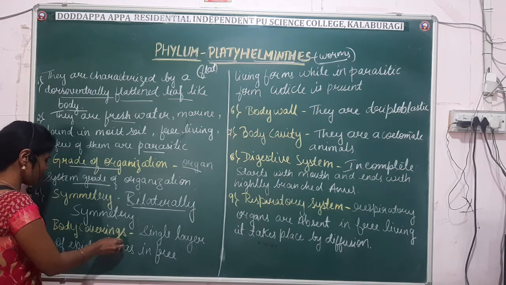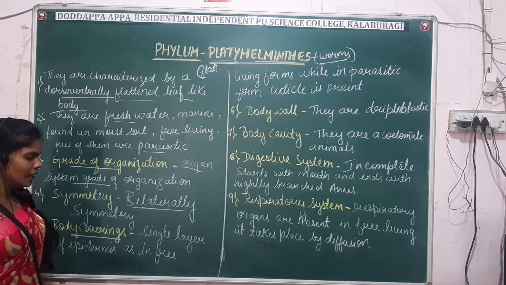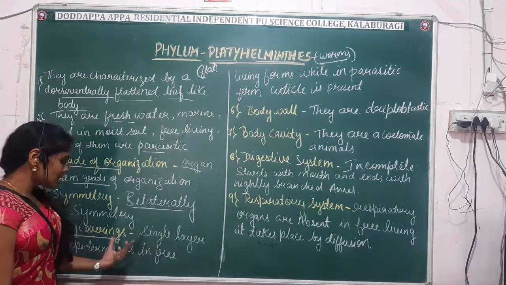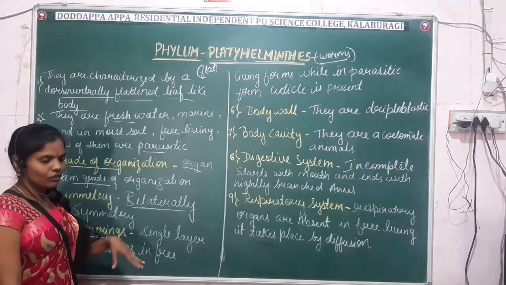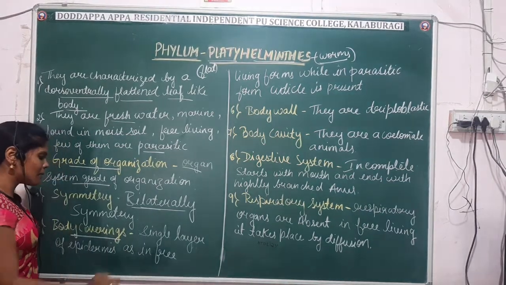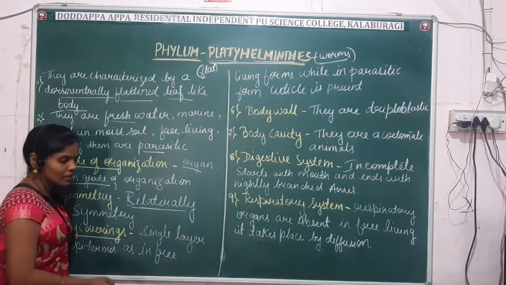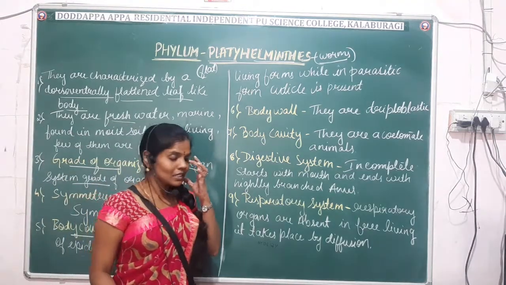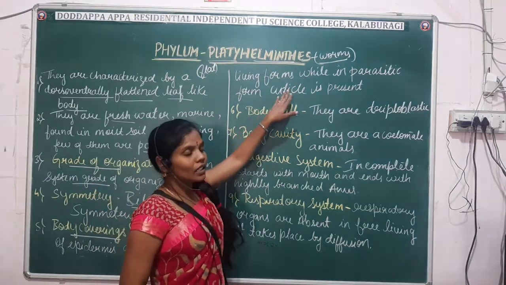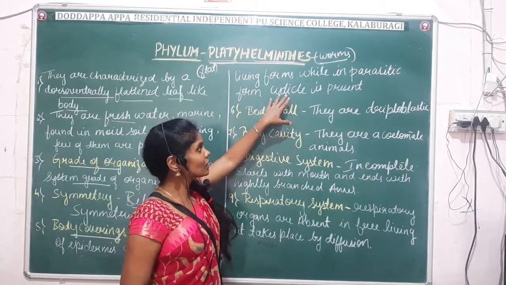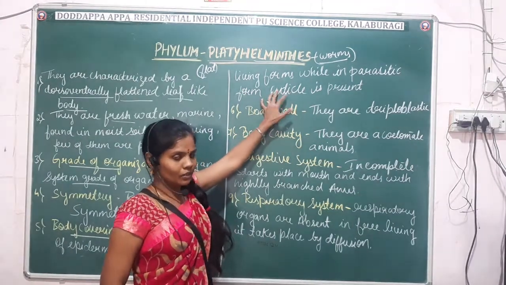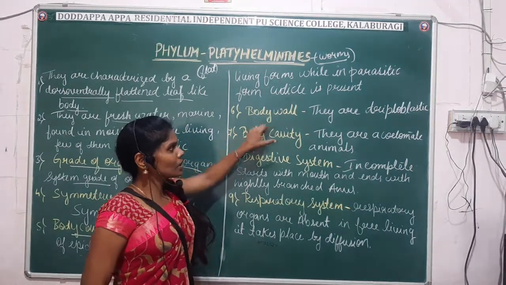Then what about the body covering? In case of free living forms, the body is covered by a single layer of epidermis, whereas in case of parasites, the body is covered by the cuticle. Next comes the body wall.